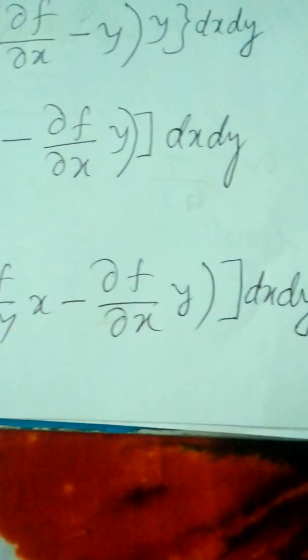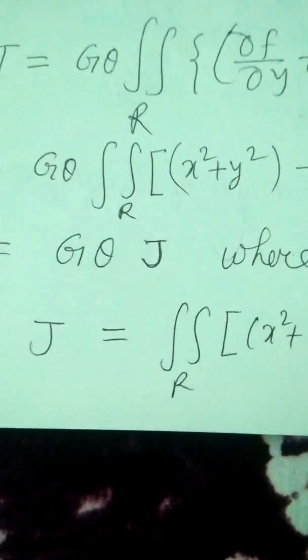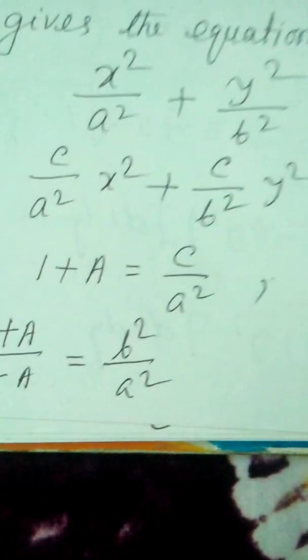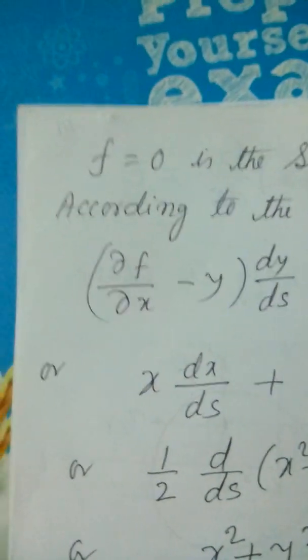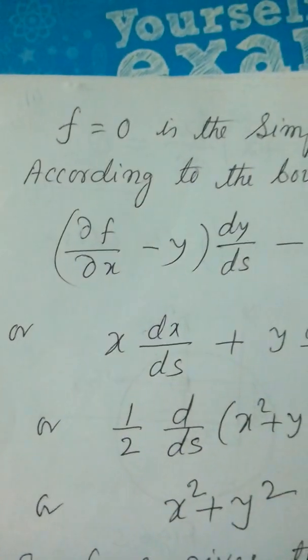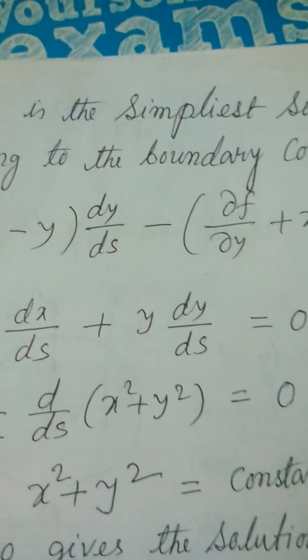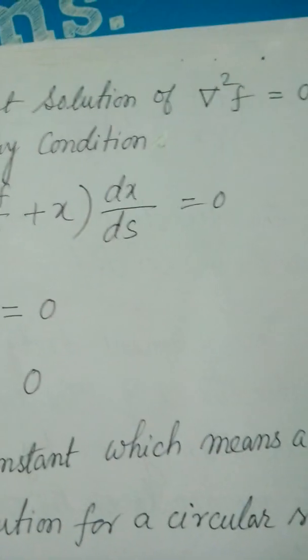It may not be a circle, it may be any cross section, ellipse, rectangle. Just see. So f is equal to 0 is the simplest solution of this equation.